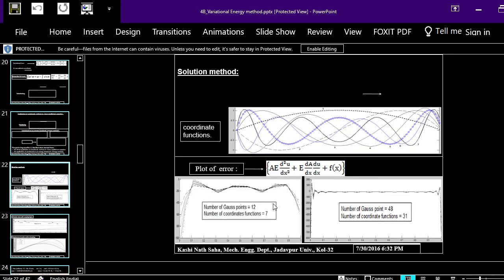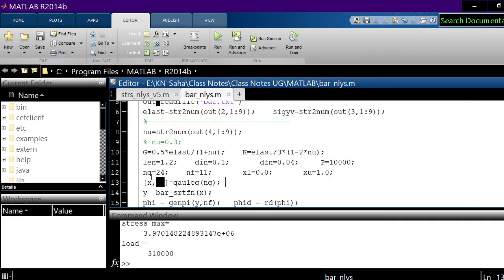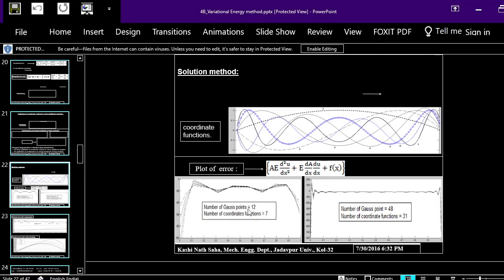Here. So that way in our program we can simply give the number of Gauss point, accordingly the precision of the program will change. And that way we can change number of functions also. Here it is specified 24 and 11. So you see, it was 12 and 7. So if you increase this number of function, you need to increase number of Gauss point also.